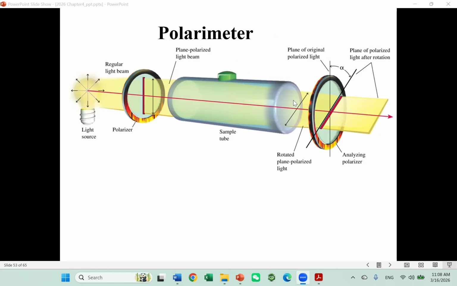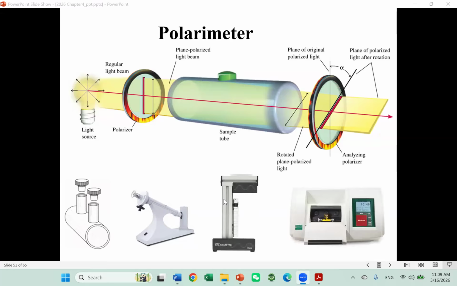When I was a student, I used a manual instrument, where you manually adjust the light angle and then measure how many degrees it rotates the plane polarized light. Nowadays it's more advanced, a digital one.